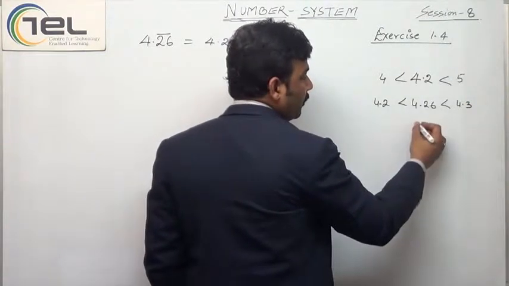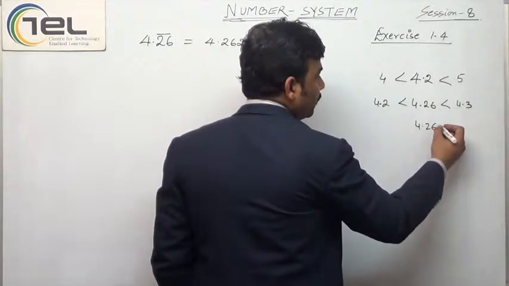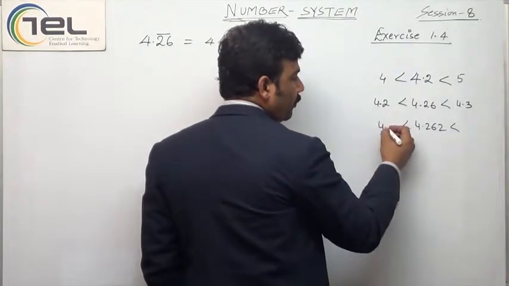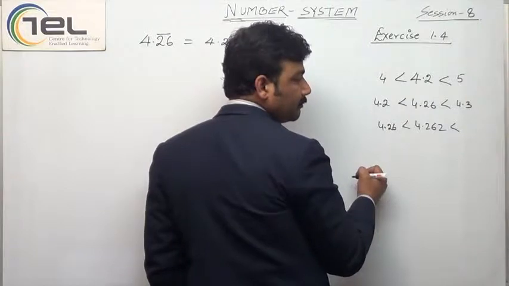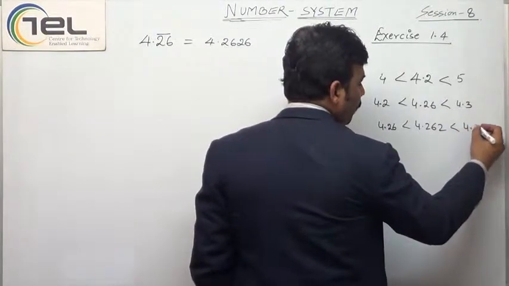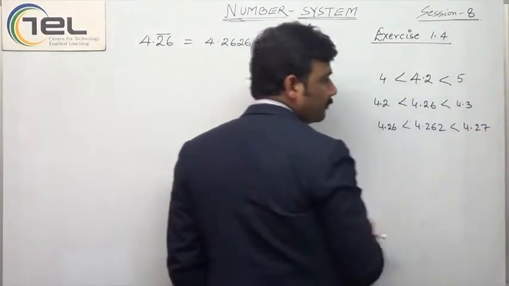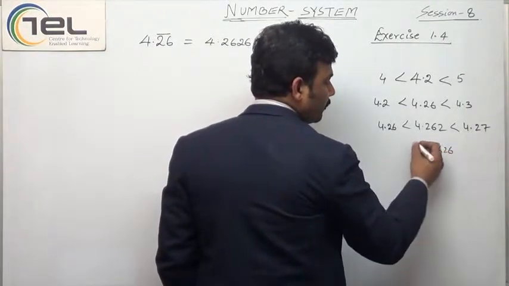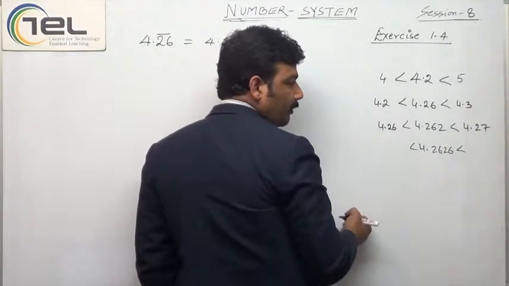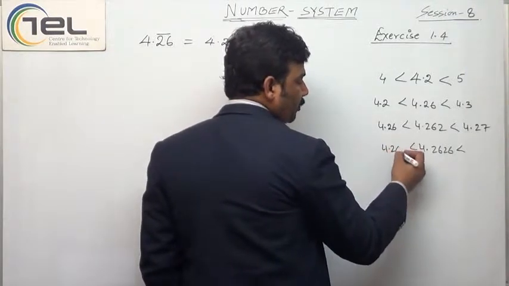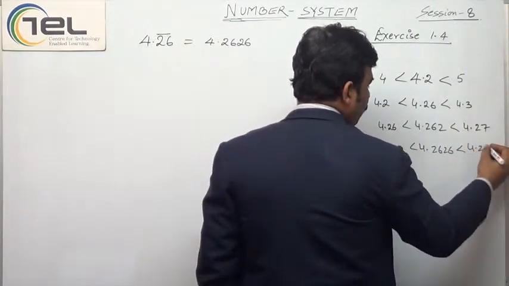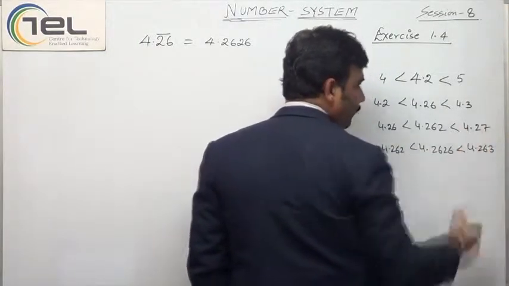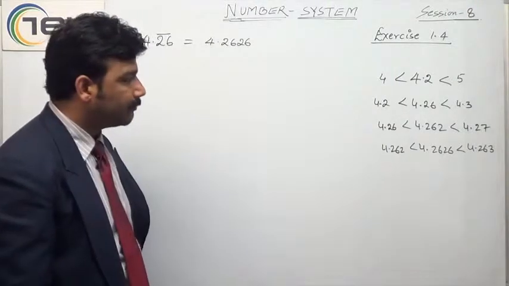Then I will take 4.262. This will fall between 4.26 and 4.27. Then I will take 4.2626, which will fall between 4.262 and 4.263.